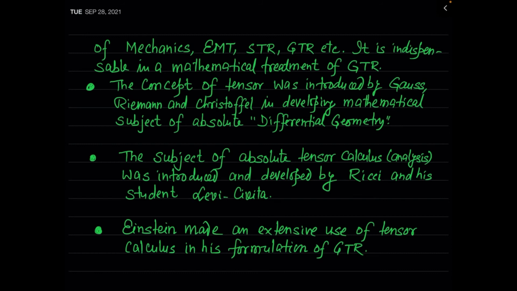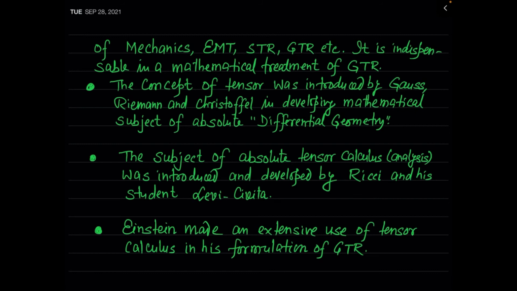In fact, the subject of absolute tensor calculus, or you can say tensor analysis, was introduced by two famous mathematicians, Ricci and his student Levi-Civita. First of all, these two mathematicians introduced tensor calculus as an absolute subject.